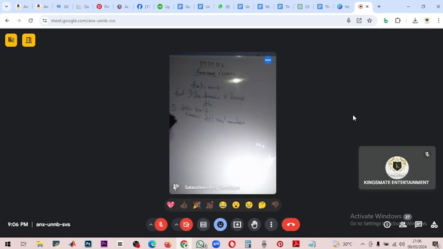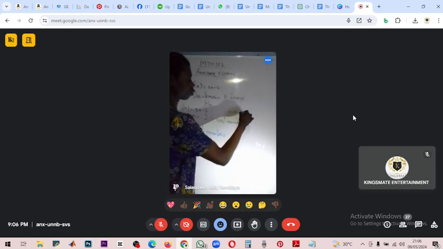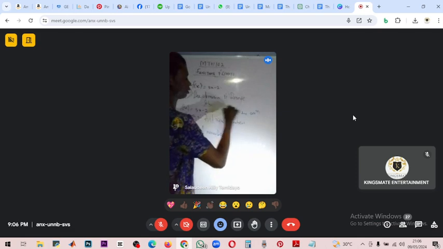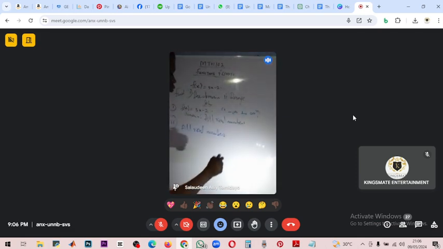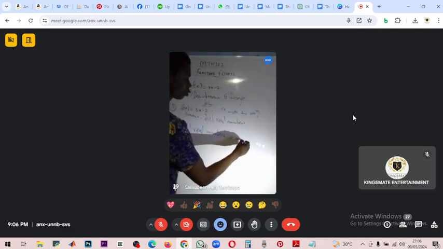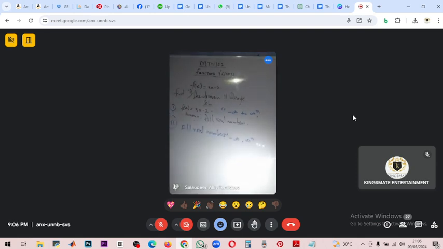And the range will also be all real numbers. What do we mean by all real numbers? That is from minus infinity to infinity. That's the meaning. All real numbers, from minus infinity to infinity. It might come this way too. That is the meaning of this one.